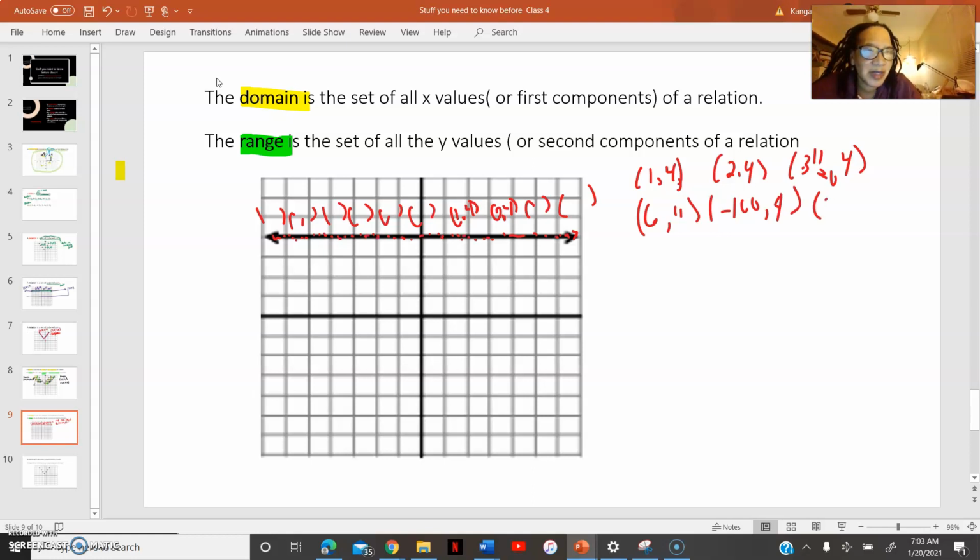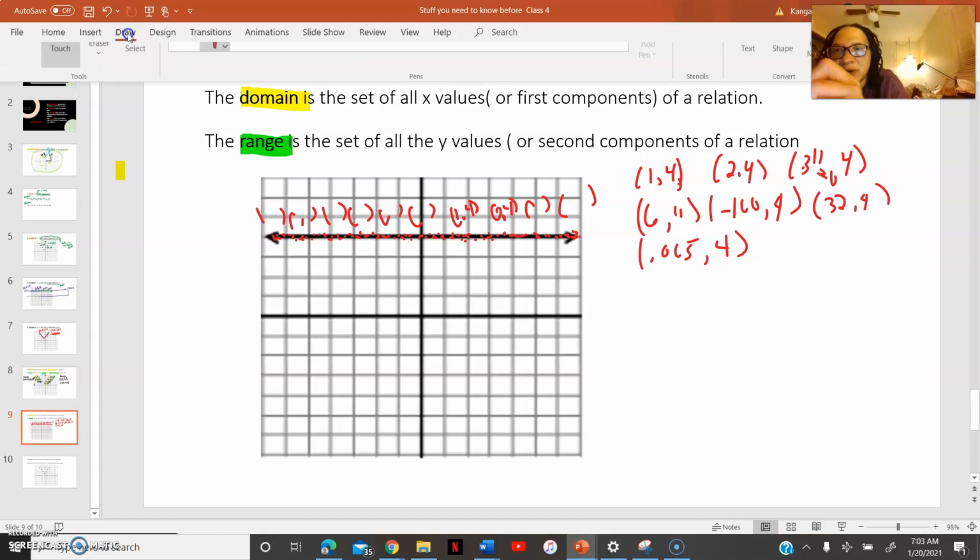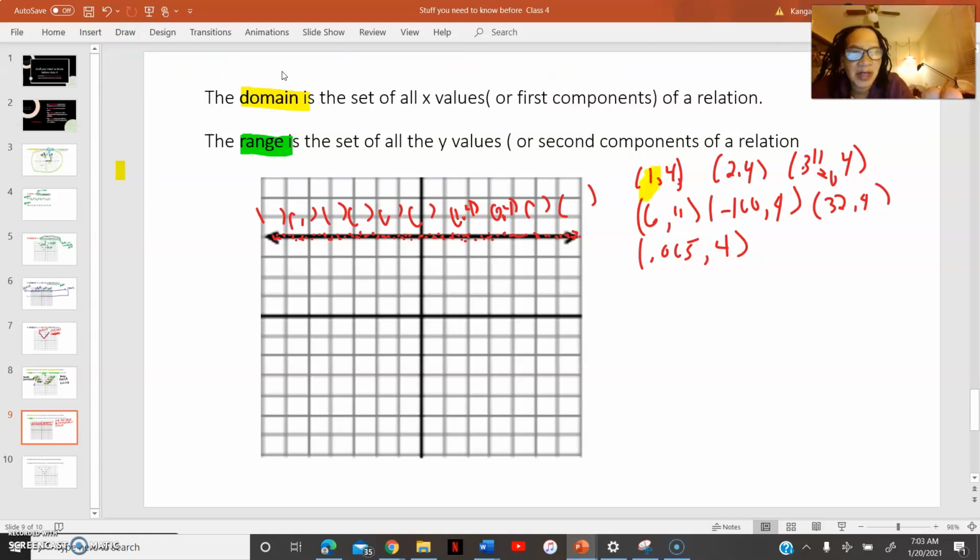What other points are on this line? 32, 4, 0.005, 4. So what are we noticing about all of the points here? Well, every single real number in the world, or every single possible x value, will show up in these ordered pairs. Look at all these x's. These first components are any number that we could think of, so it is in the domain here.